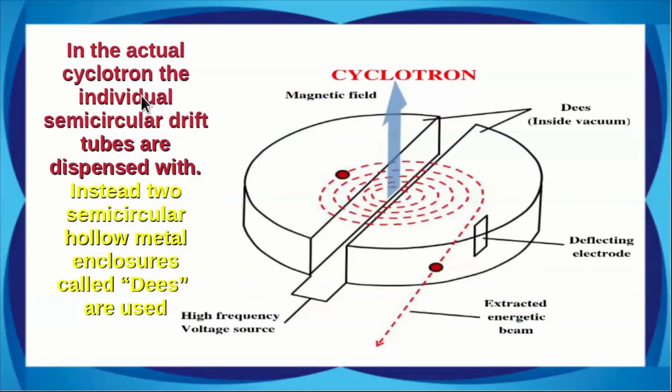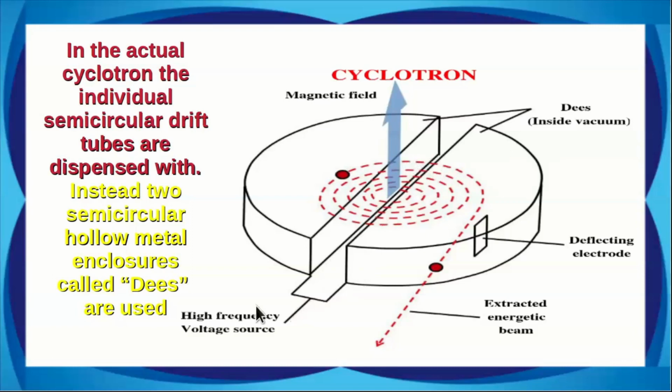In the actual cyclotron, the individual semicircular drift tubes are dispensed with. Instead, two semicircular hollow metal enclosures called Ds are used. These are the two Ds. These are hollow metallic enclosures, and the ions will be traveling inside these two Ds. So the small gap between the two Ds acts as the accelerating gap in each semicircular traverse of the beam through the accelerator.